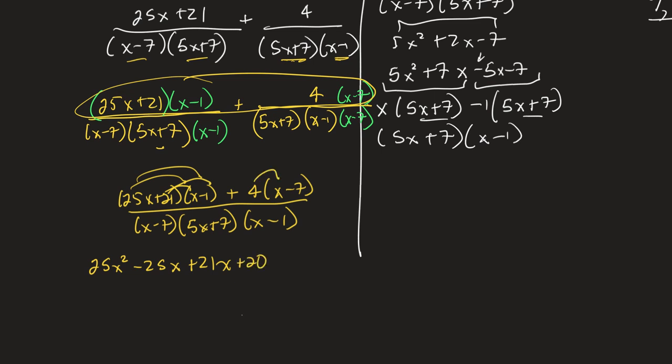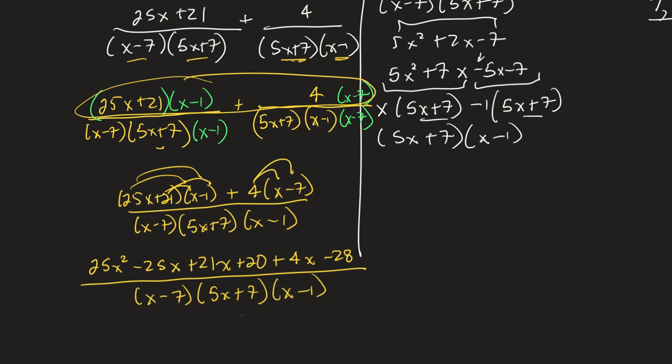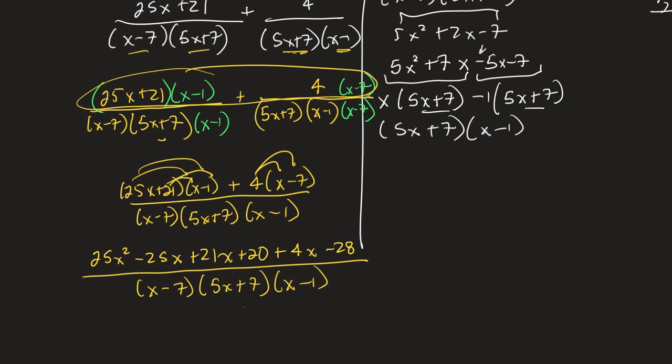And then I'll distribute this too, so there'll be a plus 4x and a minus 28. All over that lowest common denominator, 5x plus 7, x minus 1. You're getting more and more points all the time.